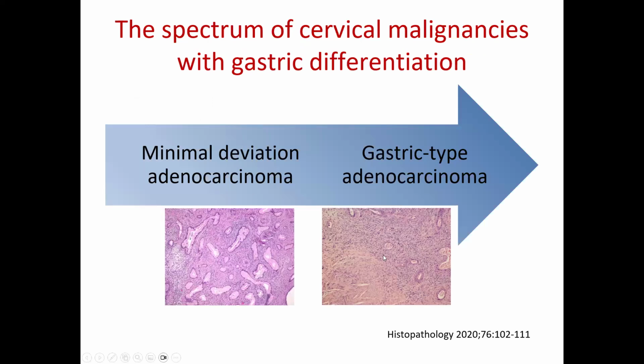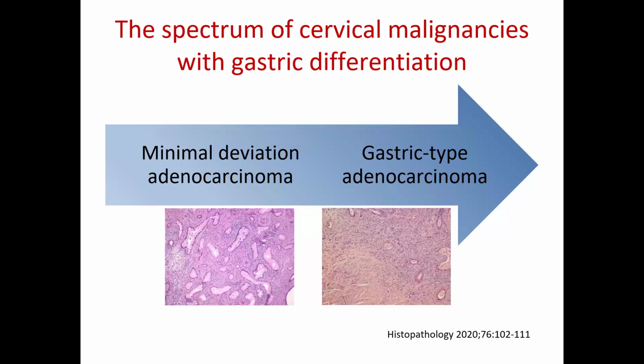And we believe that what we see as gastric type adenocarcinoma is the end result of an entity that was called minimum deviation adenocarcinoma. Minimum deviation adenocarcinoma is an adenocarcinoma where the nuclei are not really atypical at all, and that is why it is very deceptive.